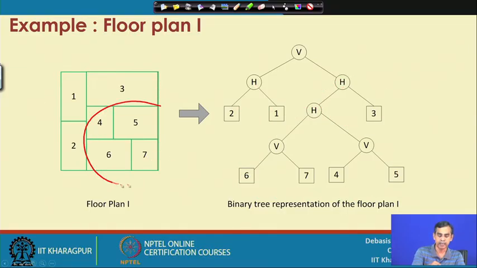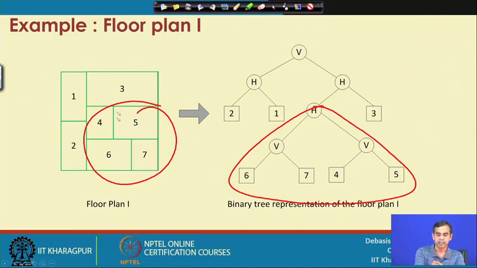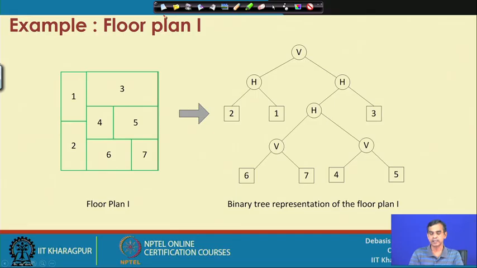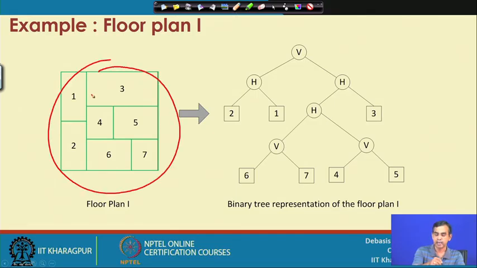Then again this part is another tree, represented by this part. Here there is one horizontal cut, and this horizontal has one vertical, so vertical 4 5 and another vertical 6 7. So the idea is that this kind of floor plan can be represented by means of a tree.